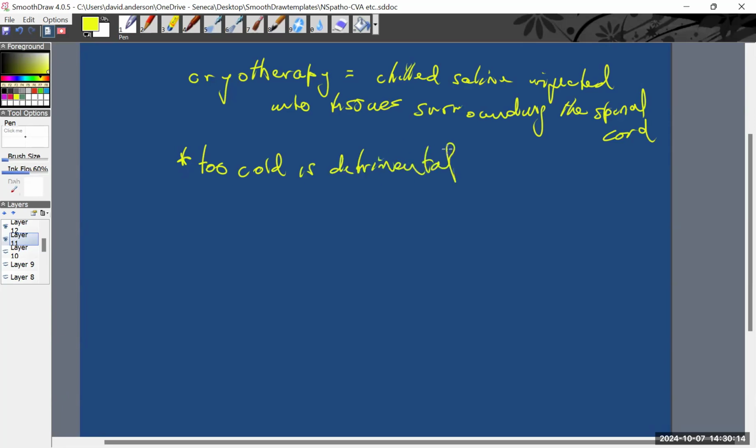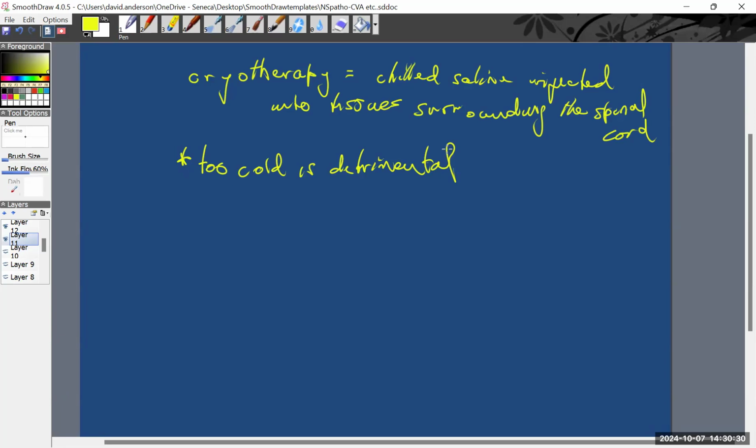We know that in the cases of hypothermia, there's an increased risk for cardiac dysrhythmia and respiratory abnormalities and coagulation of blood and so on and so forth.